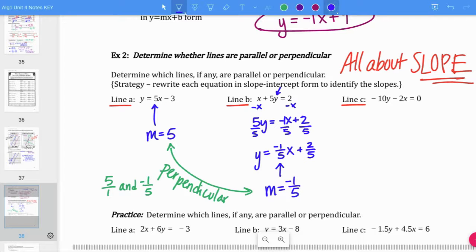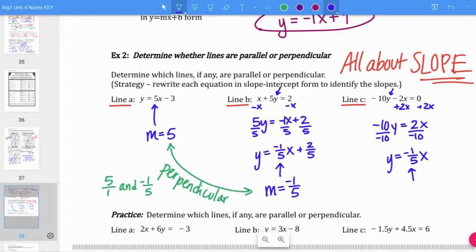Let's take a peek at line C, see how it compares. I need to solve for y, so I'm going to move my x term to the other side. And divide by the coefficient. And I get y equals, looks like I have 2 divided by negative 10. I'm going to simplify that fraction to negative 1/5.